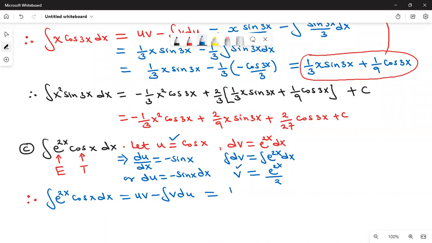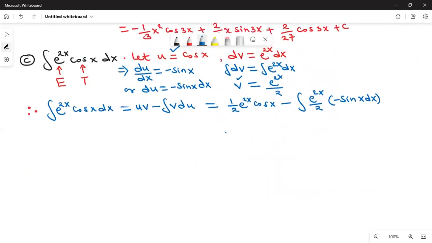That will give us 1 over 2 exponential 2x cosine of x minus the integral of v, which is exponential 2x over 2, and our du is negative sine x dx. I am going to simplify that.